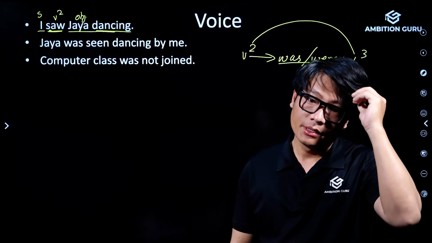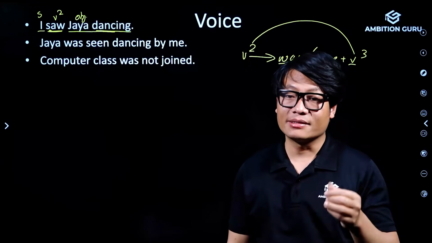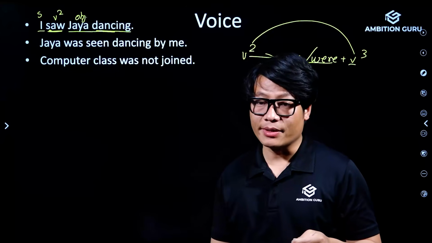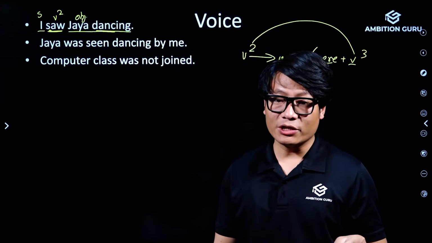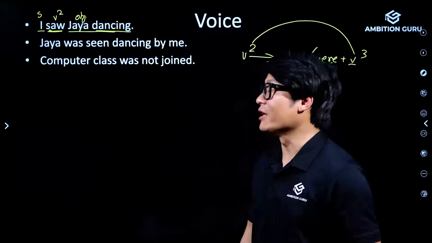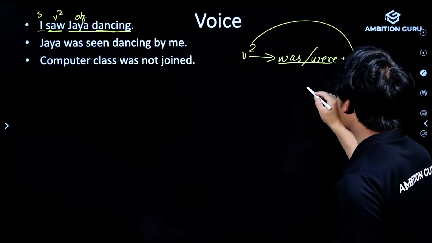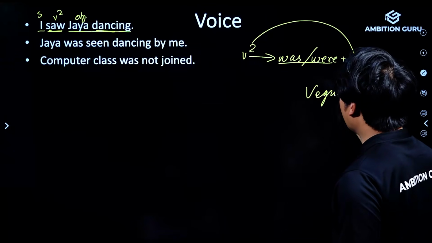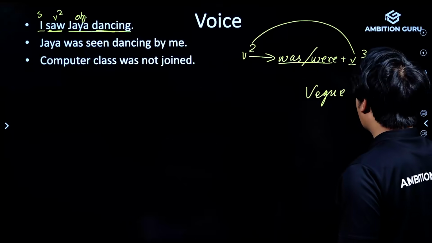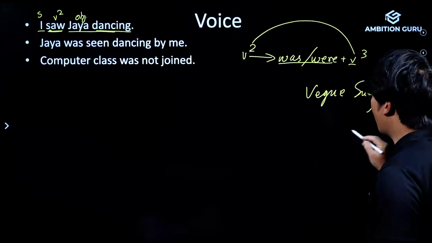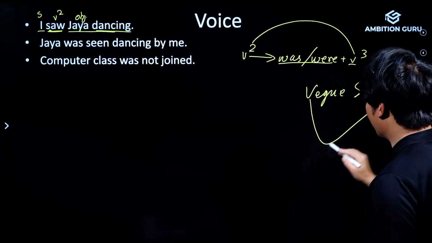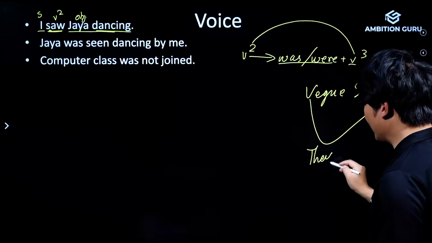Very good. I can see the correct answer: they didn't join the computer class, or nobody joined the computer class. Very good. We need to understand that this word is used as a vague subject, or unclear subject. So what are the vague subjects? It can be they.